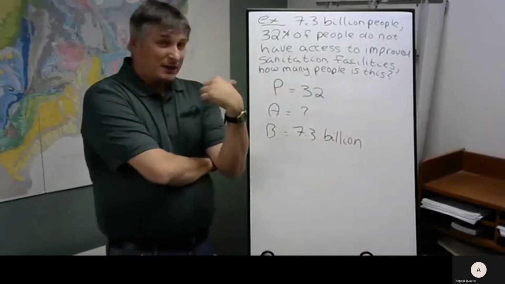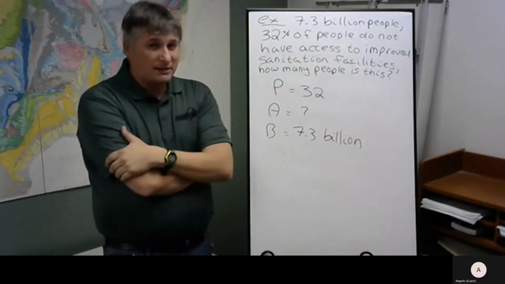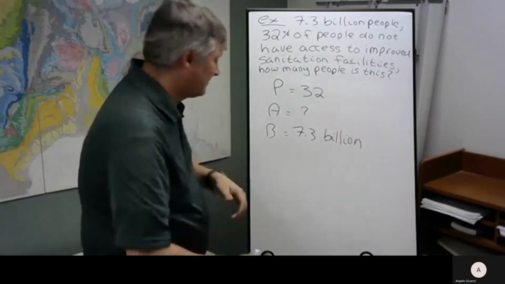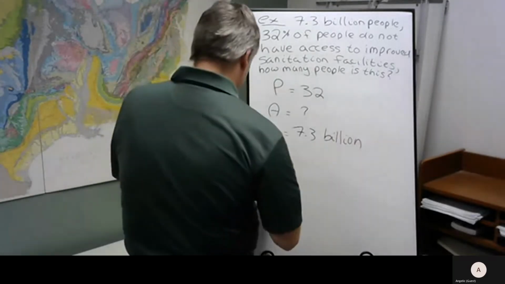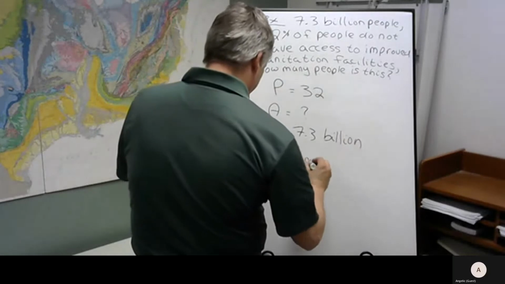So a trick here, you could write 7.3 billion. You could do this.